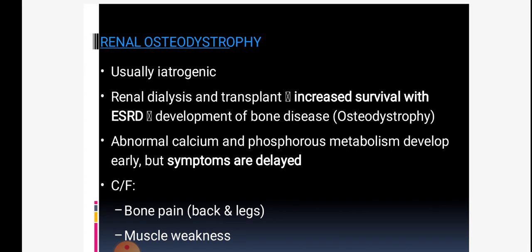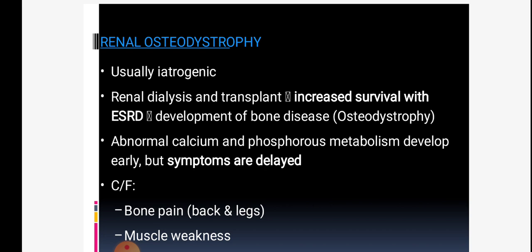Renal osteodystrophy, usually iatrogenic. Renal dialysis and transplant increased survival with ESRD, and there is development of bone diseases like osteodystrophy. There is abnormal calcium and phosphorus metabolism, and they develop early, but symptoms are delayed. What are the clinical features of renal osteodystrophy?